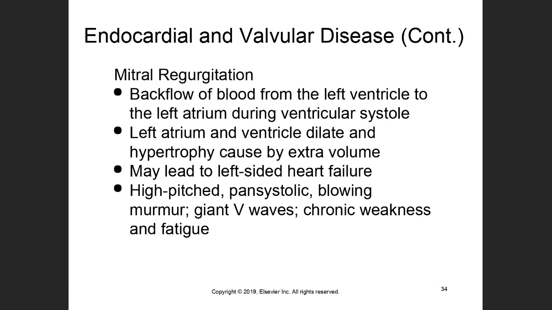Mitral regurgitation, that means that the valve doesn't close and the blood that should be in the ventricle goes back to the atrium. Okay, and also that produces problems and murmur. Okay, mitral regurgitation is a type of murmur.